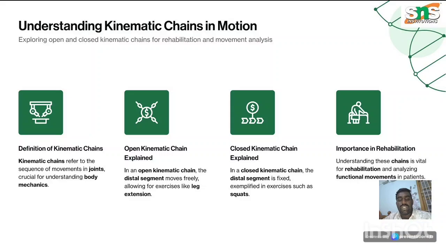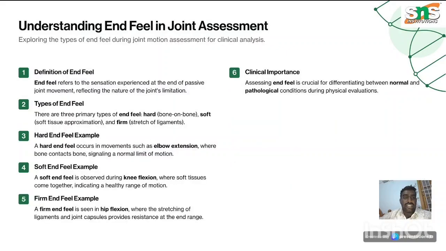There are two types: open and closed kinematic chains. In the open kinematic chain, the distal segment moves freely while the proximal segment stays. In the closed kinematic chain, the distal segment is fixed and the proximal segment moves. With these mechanisms, we plan exercise protocols for patients with joint pathology. It is important in rehabilitation to analyze the functional movement of patients.